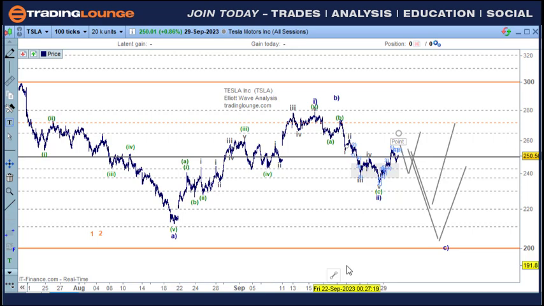So as I mentioned, when the S&P and the NASDAQ have their lows in place to complete their wave 4s, then everything is going to be basically a buy. But what will happen is some stocks, like the Metas, could lead the pack out much earlier than the others.